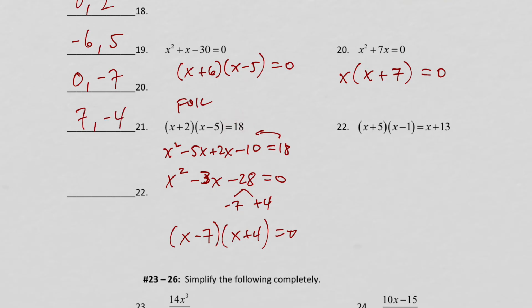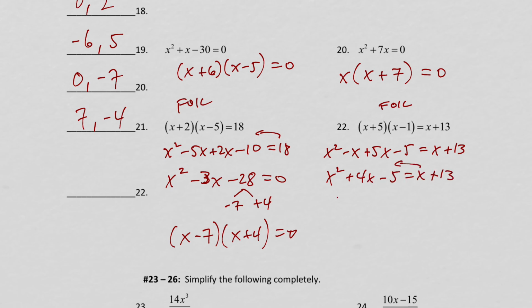Just like this problem, it's not set equal to 0, so I need to set it equal to 0. So I'm going to FOIL this and then bring these over. When I FOIL, my first is x squared, the outer is negative 1x, the inner is positive 5x, the last is negative 5. So we have x squared plus 4x minus 5. I'll bring this over. 4 minus 1 is a positive 3.